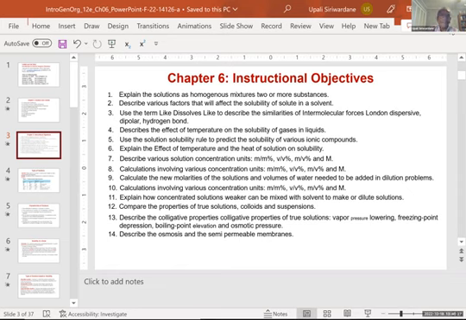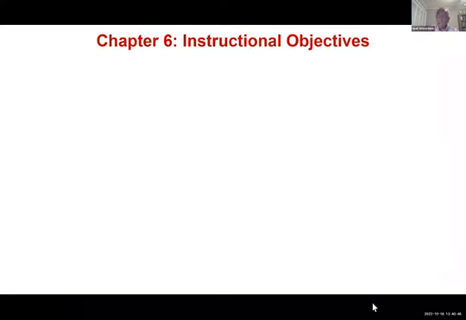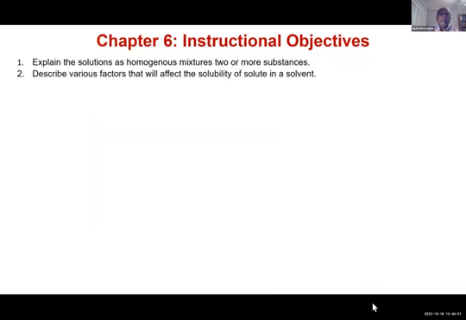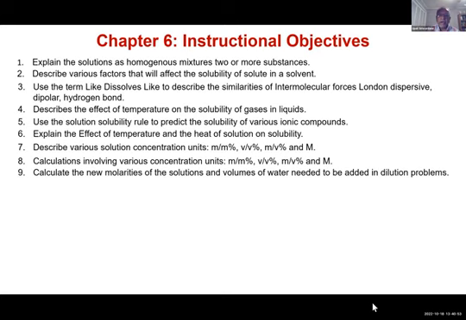Once we go over it next time, I will come back and review what we have done. So did you get the idea that we are expanding the idea about homogeneous mixtures in this chapter?